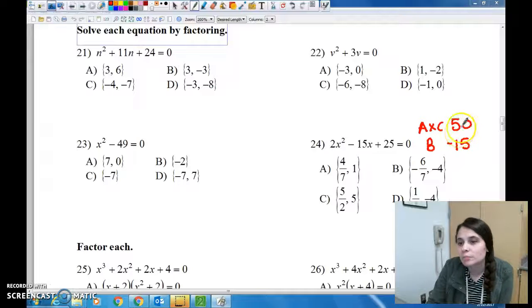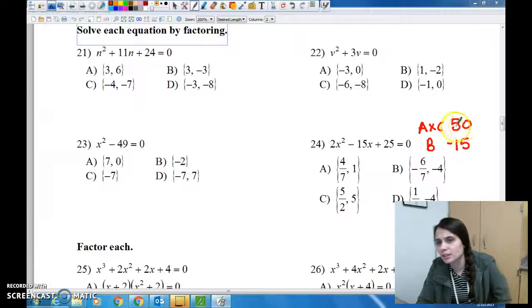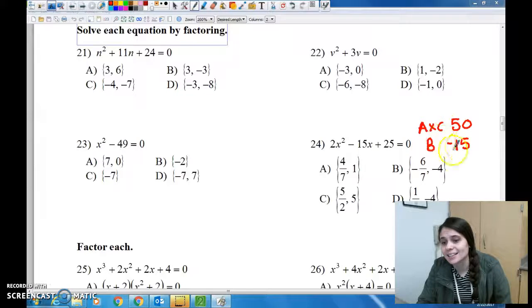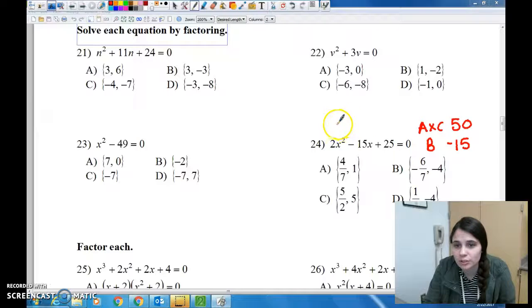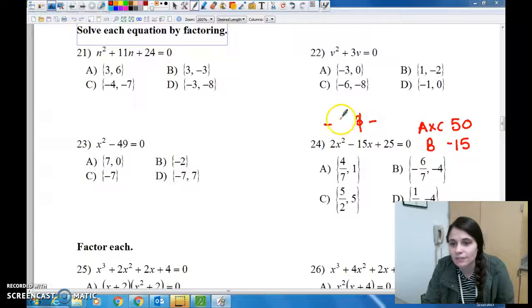So two numbers that multiply to 50 and add to negative 15. Well, if they're going to multiply to a positive number, it has to be either two positive numbers or two negative numbers. And it's got to be two negative so that they can add to a negative 15. So I know that both my numbers are going to be negative. So what are two numbers that multiply to 50 and add to 15? I would say negative 10 and negative 5.